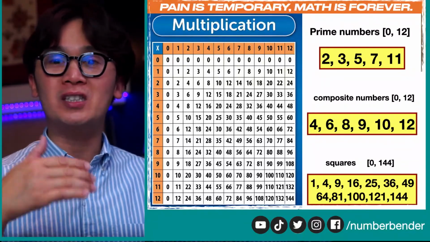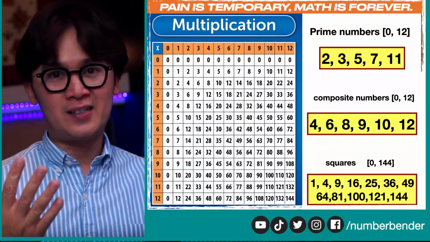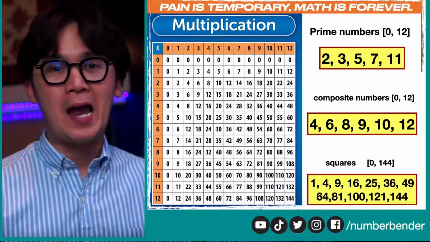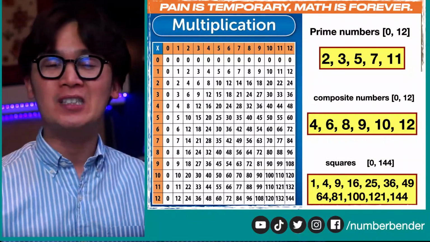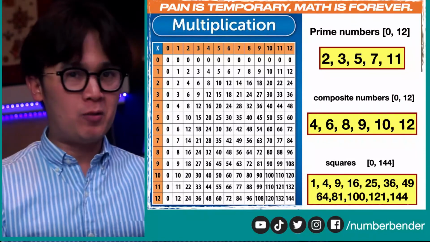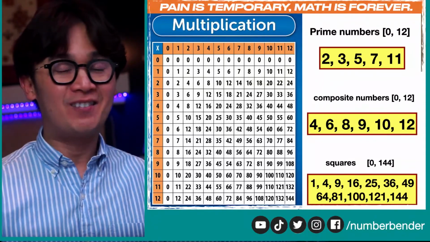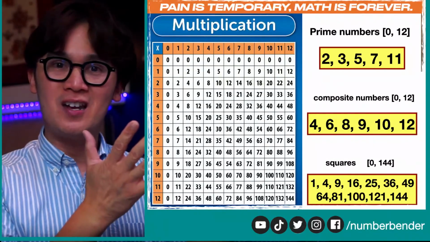Again, we're just listing out number facts that we need to memorize, or that we will be using all the time, and eventually we will end up memorizing them without even knowing it. So let's begin our memorization process without even realizing that we are indeed memorizing the multiplication table.